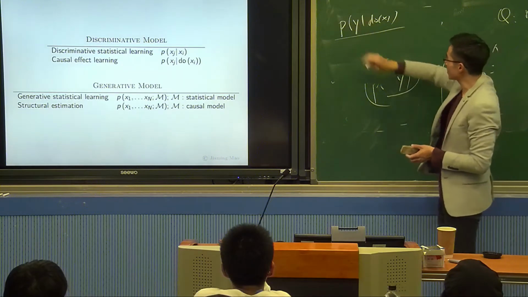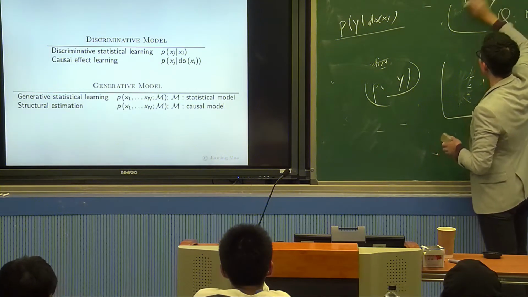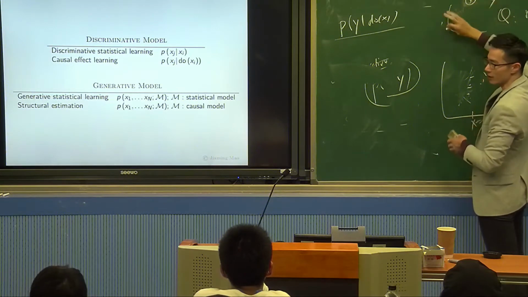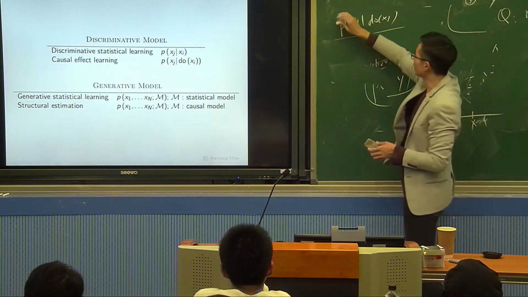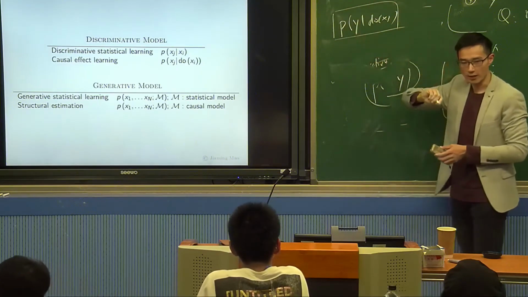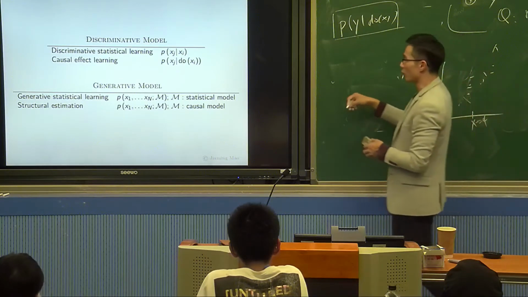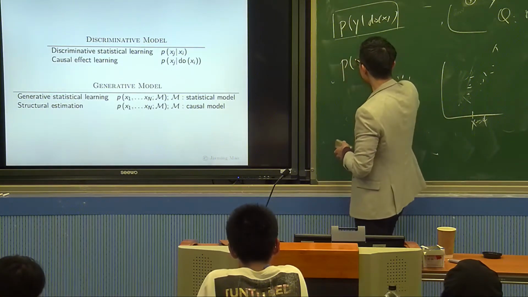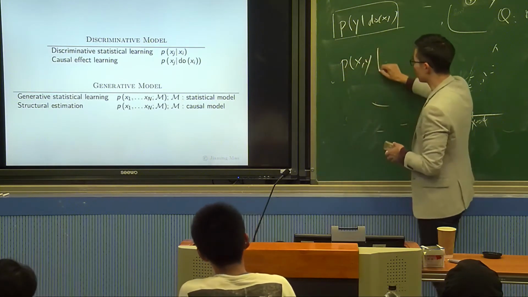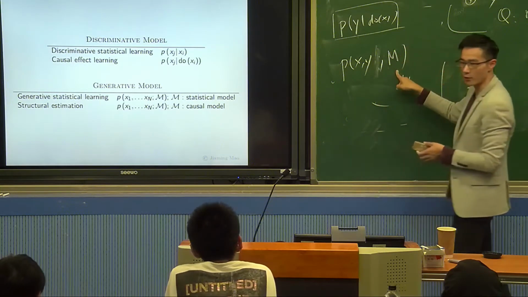So in order to estimate this, let's look at the graph of x and y and find out what I need to control, etc. But after I do all these things, I only get this one thing, which is a discriminative method. But what structural does is to estimate p(x,y), not conditional, but given a causal model, a theory model.